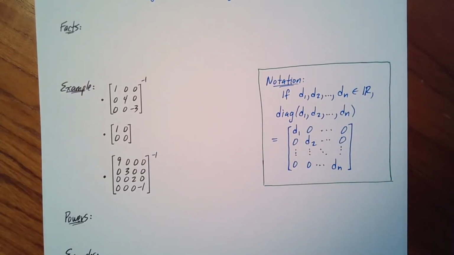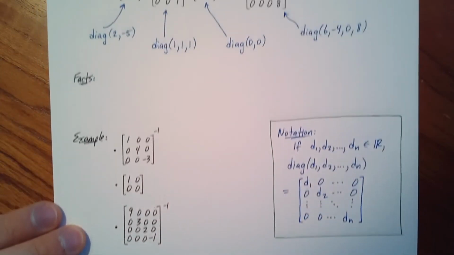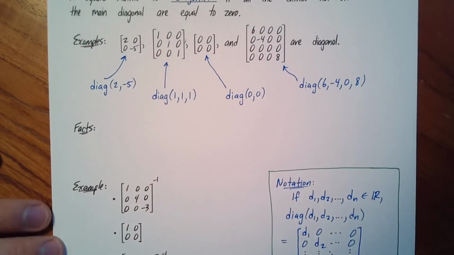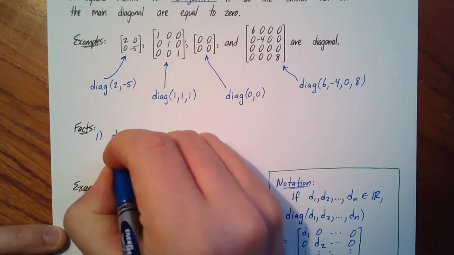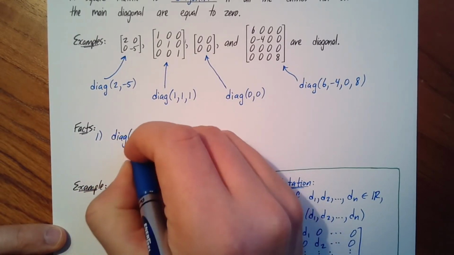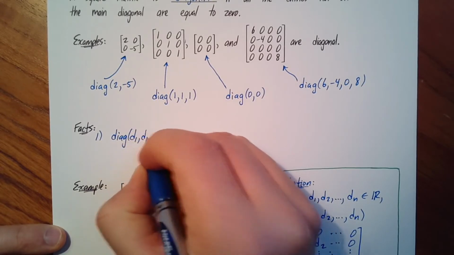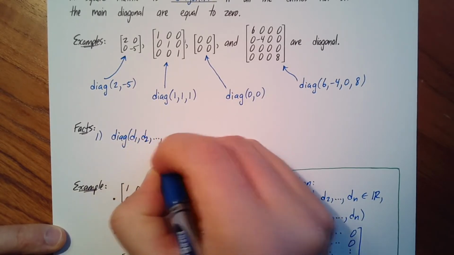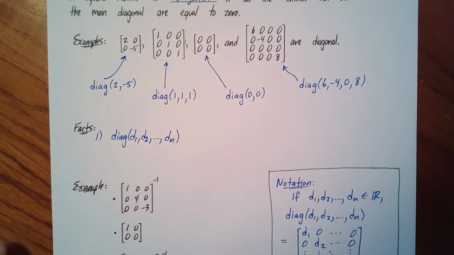All right, so a couple of nice facts about diagonal matrices. The first one is that it's easy to tell when they're invertible. So the matrix diag, and I'll just use the same notation, D1, D2, all the way up to Dn.